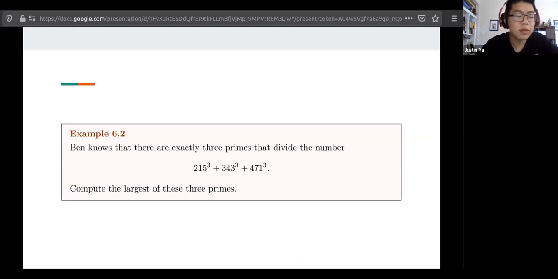Because no person ever wants to be spending time evaluating 343 or 471 cubed even, because that's a lot of multiplication, which means you're going to be wasting a lot of time.